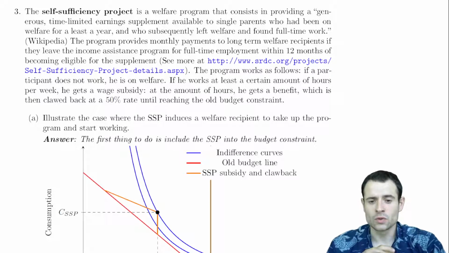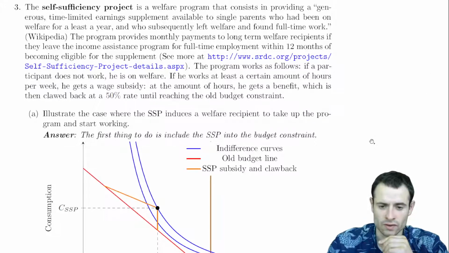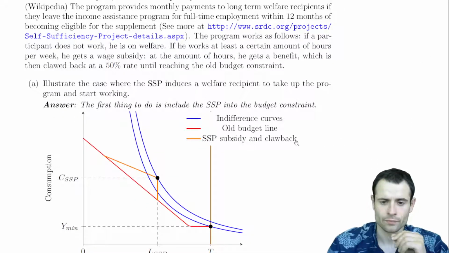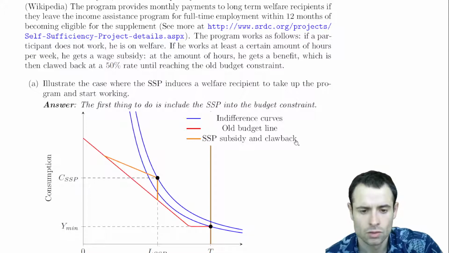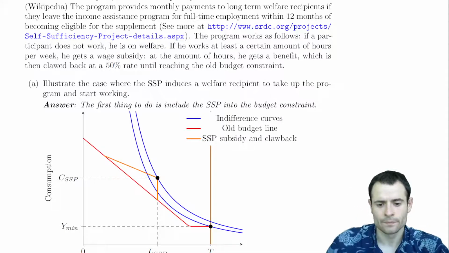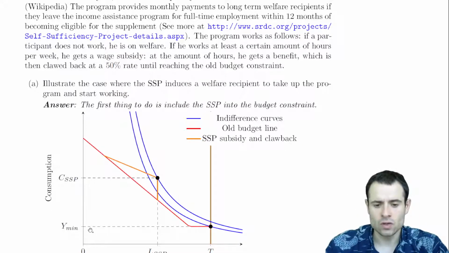So first, we need to include the self-sufficiency project into the budget constraint. The way it works is as follows. If the individual doesn't work, he receives welfare, which is clawed back at 100% until Y-mean is being reached with the corresponding amount of hours worked.